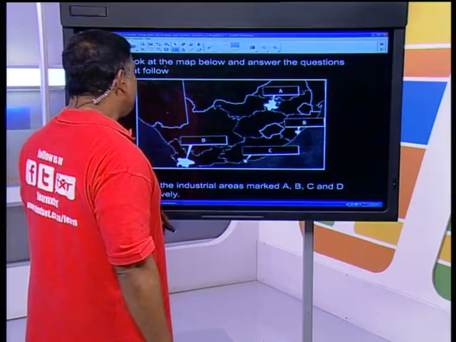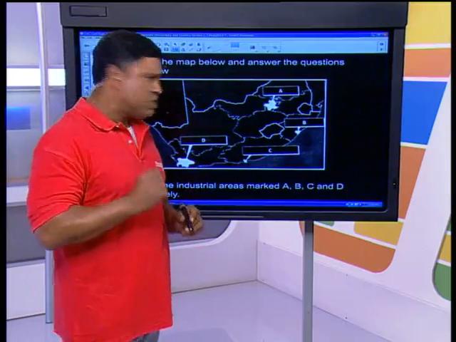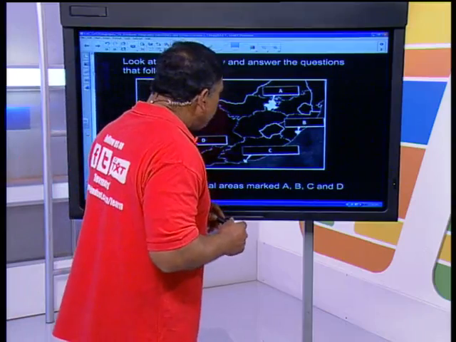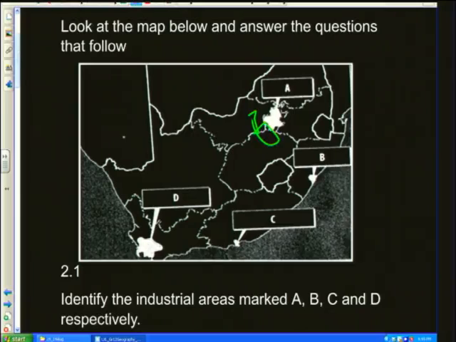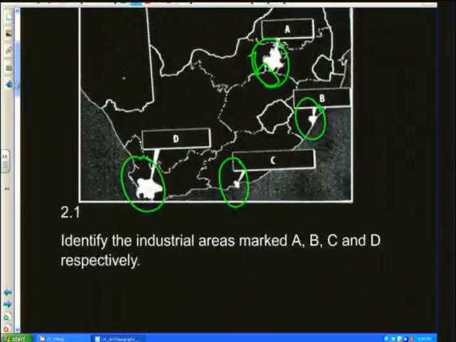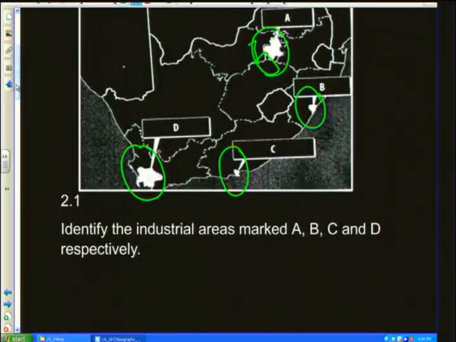Now, look at the map below and answer the questions that follow. Very quickly, when I looked at this, I can see it's the 4 core areas. A, which is your PWV or Gauteng region. B, Durban Pinetown. C, Port Elizabeth Uitenhage. And D, Southwestern Cape. So if I look at the 4, it's very easy. A would be my Gauteng.